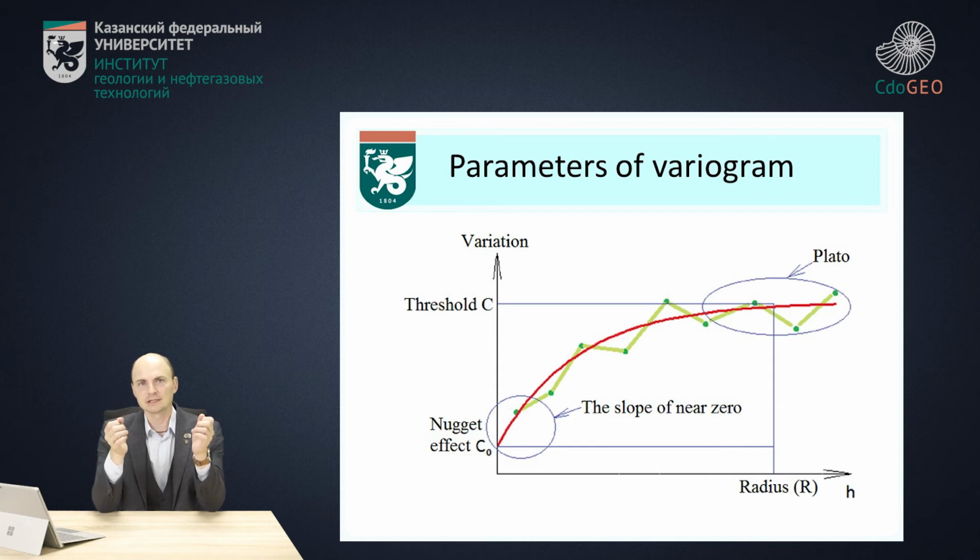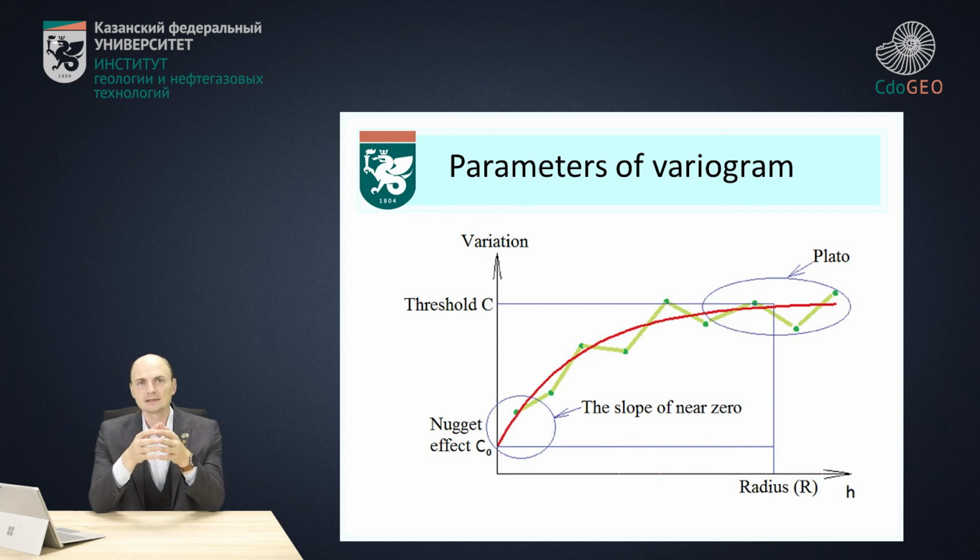If your range is, let's say, 4 kilometers, that means inside the radius of 4 kilometers around the well, the values are nearly the same as in this well, or at least the values depend on the value of the well. Once you're outside of the range, the values are completely independent.